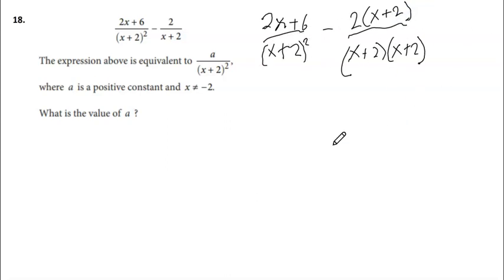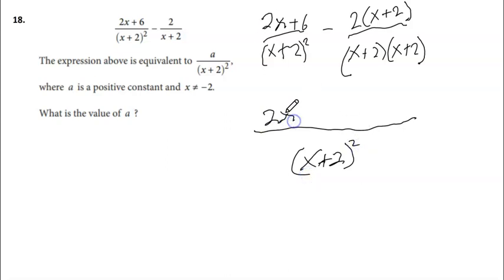So let's focus on the numerator. So make a long line, put x plus 2 squared, and then on top I have 2x plus 6. And remember, this minus affects everything here.